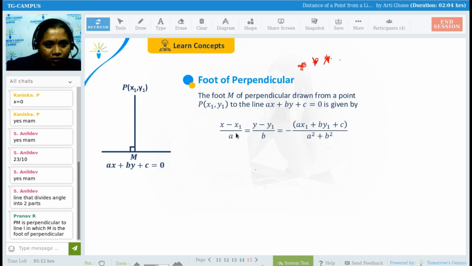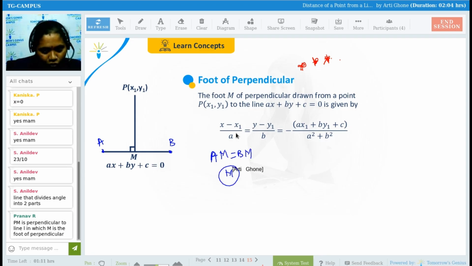Got my question clearly? If this is the line AB, then the foot of perpendicular is a kind of line equation, AM equal to BM, or it is the coordinates of M only.